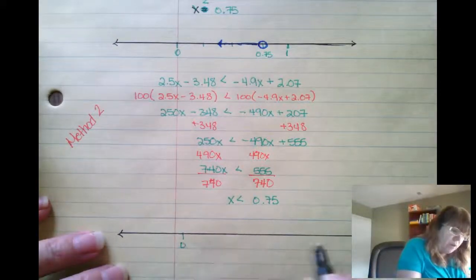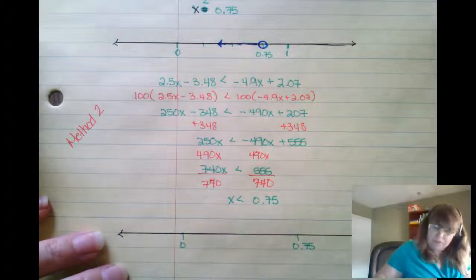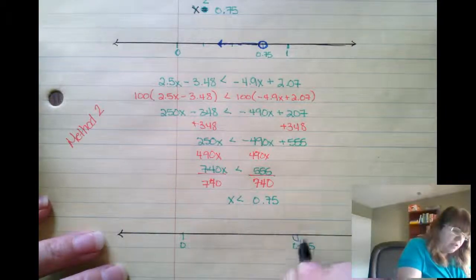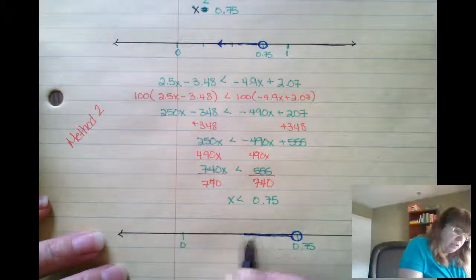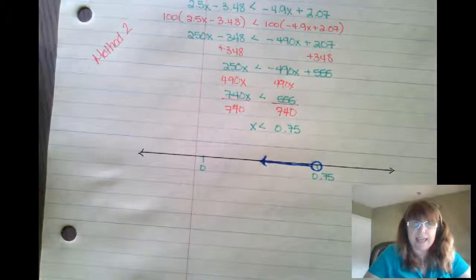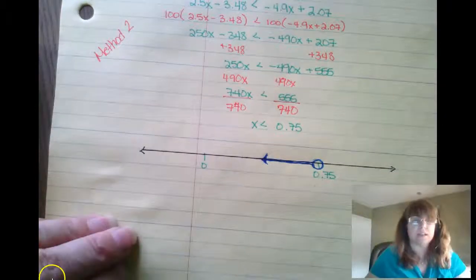Maybe you have a 0, maybe you have just the 0.75 out here. Again, enough information to allow your reader to know what your x value is doing. So x is less than 0.75.